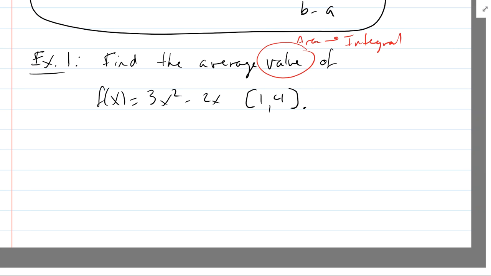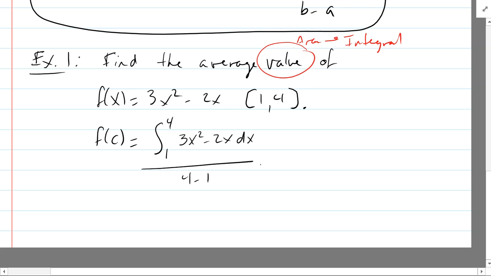All right, so what do I need to do? I need to find f of c. F of c equals the integral from what to what? 1 to 4 of what? 3x squared minus 2x dx, all over what? 4 minus 1, which is 3.